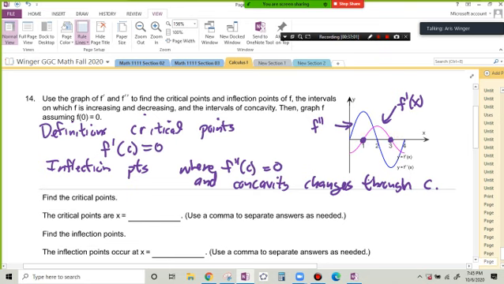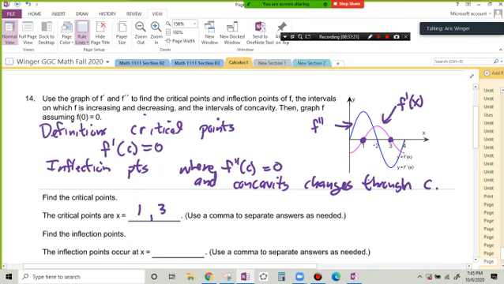By the way, let's notice that the function itself is nowhere to be found, and we're saying something about the function. All right, so I know there's going to be critical numbers there. The function's flat at 1 and 3 because the derivative is 0 at 1 and 3.